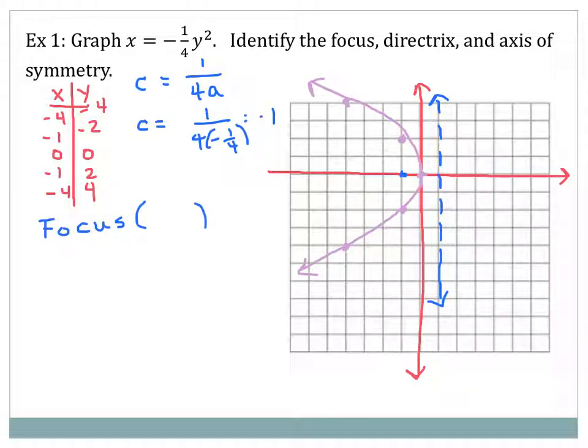The coordinate is -1, 0. Your directrix is the line. You do need to list the variable, and that is x equals 1. And your axis of symmetry is perpendicular to your directrix, and it goes through the vertex. So I'm going to sketch that on there. And that actually is going to be y equals 0.